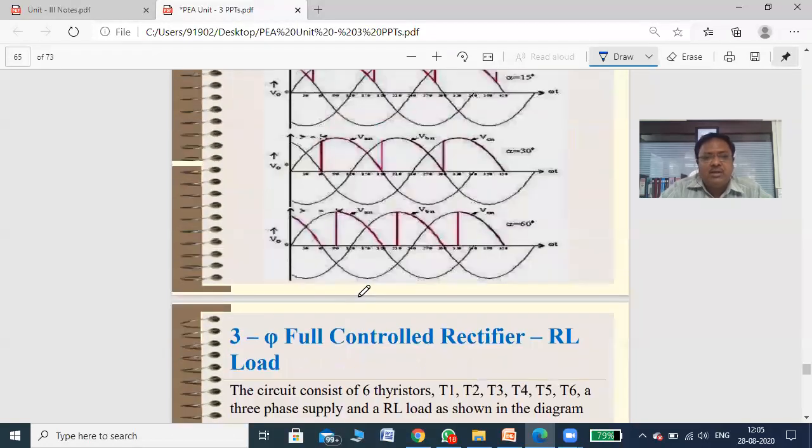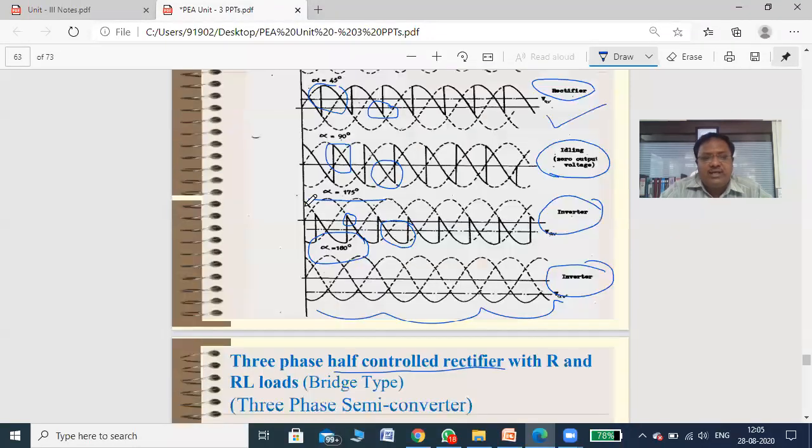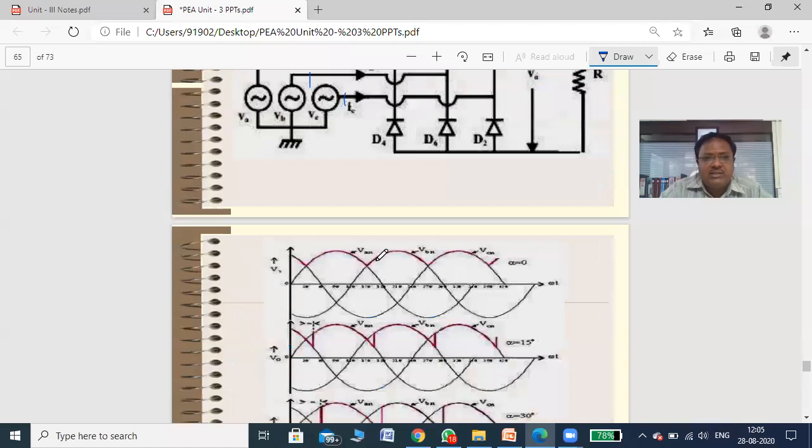Just see here, if phase A is more positive, you can see here, this is VAN, VBN, and VCN, right? So we are considering that maybe, for example, we are here, right? So in this situation, if A is more positive than any other phase, and one of the phases is most negative.